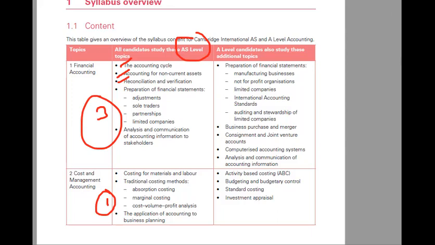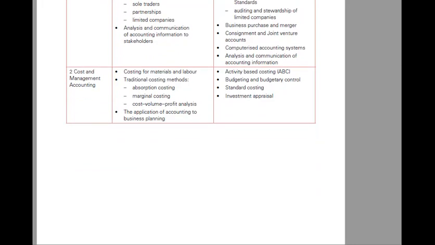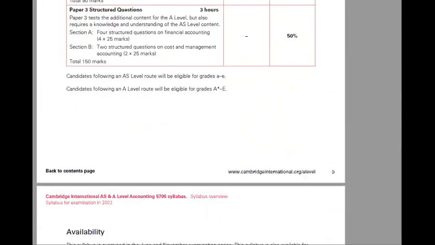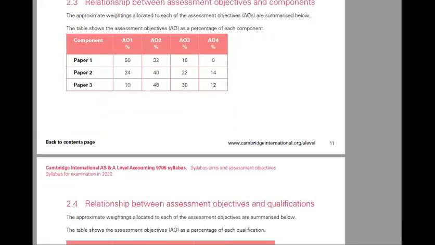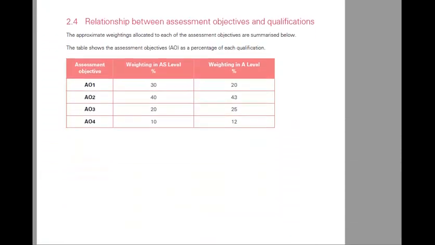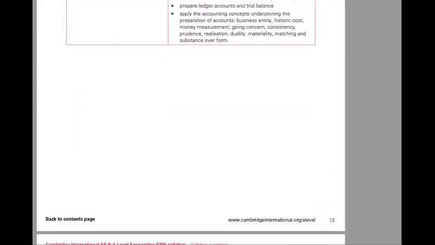Now we are going to discuss the details of all these topics. Stay with me. It's very important to, first of all, look into the syllabus. Otherwise, keep in mind, you can't do anything without understanding the syllabus properly.